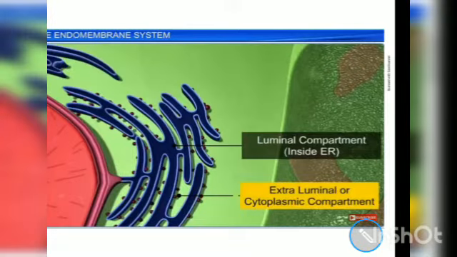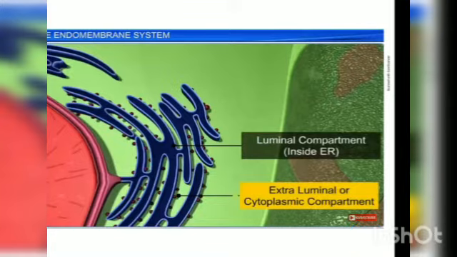As you know, the nucleus has two membranes, so from the outer layer some extension occurs, and that extension forms the cisternae, the membrane-like structures.